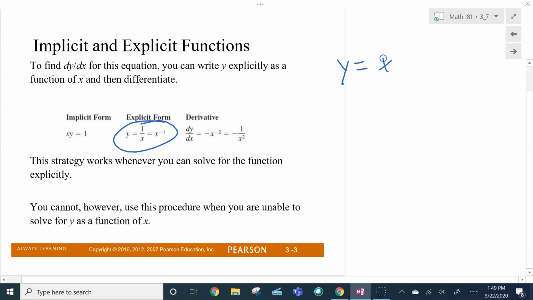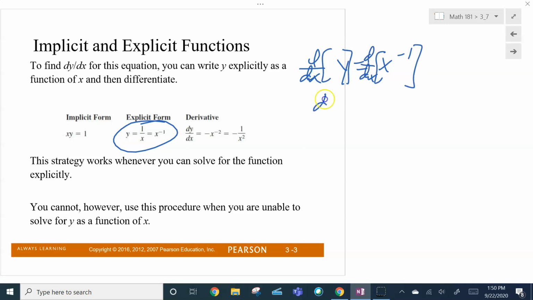And this is the form that we've needed in order to take our derivative. So we had dy/dx is negative 1 x to the negative 1 minus 1, to the negative 2. In other words, negative 1 over x squared.